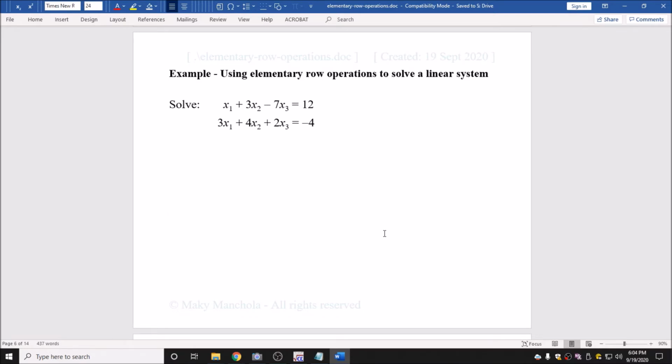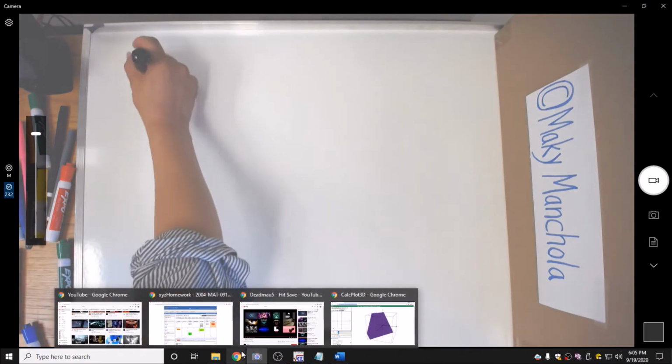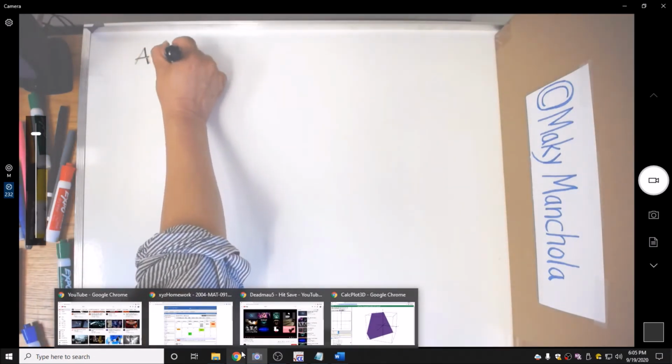Write the augmented matrix of the system and then use those row operations we just studied to come up with solutions of the system. In this case, we have two linear equations, 3 variables, so we're expecting there might be more than one solution. Okay, so let's turn to the camera. So here is our augmented matrix.